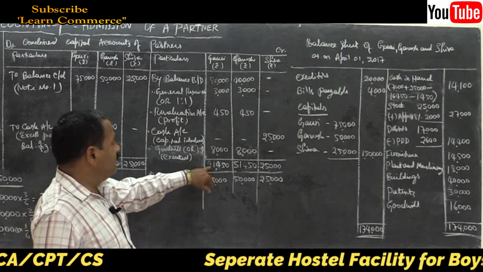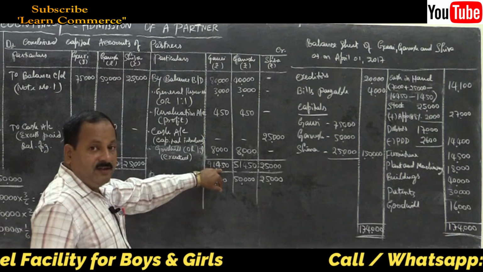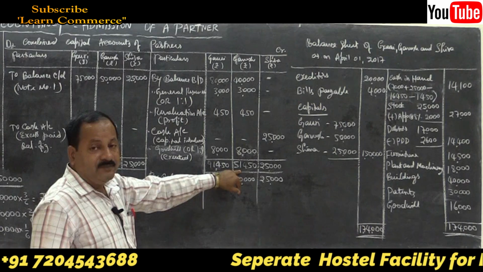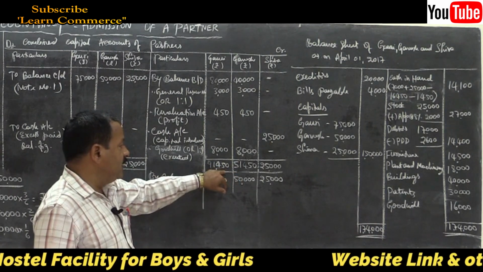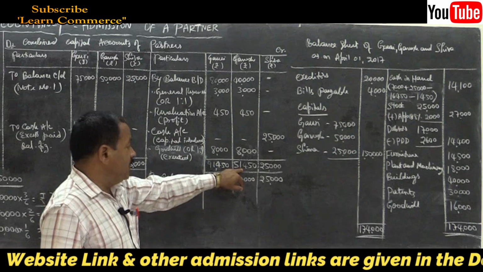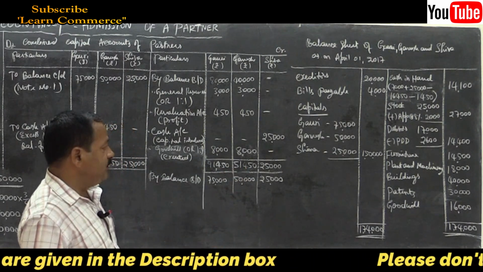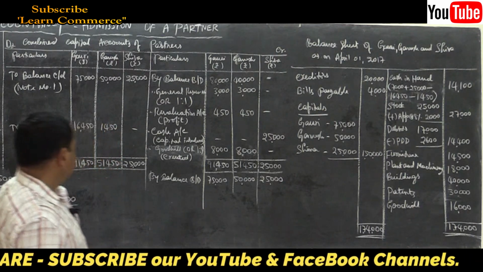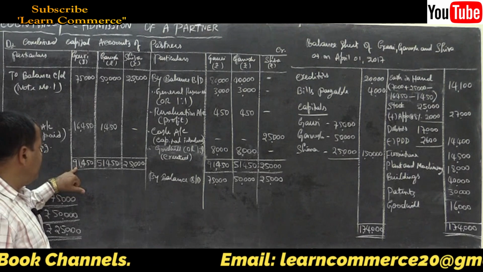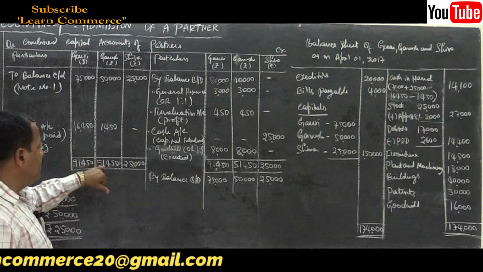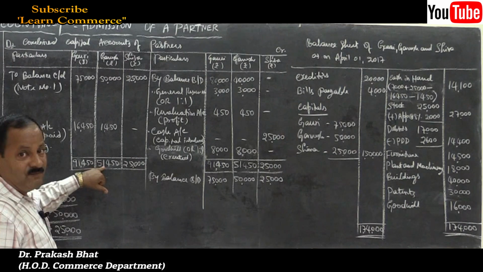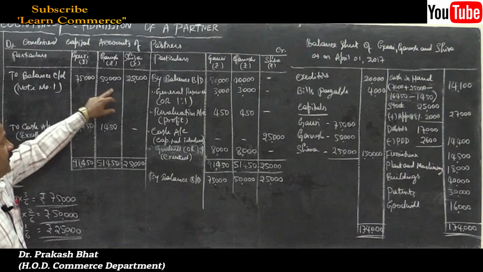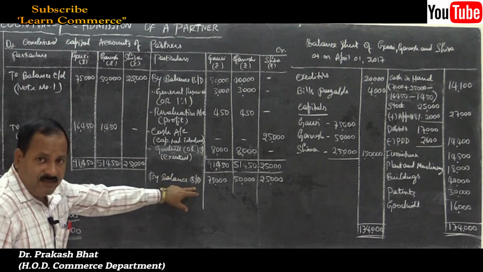Then the total will be Gauri 91,450 and Ganesh 51,450. Write the same total on the other side, 91,450 in Gauri's column and 51,450 in Ganesh's column. You already wrote the capital balances, that is correct, it is as per the ratio.